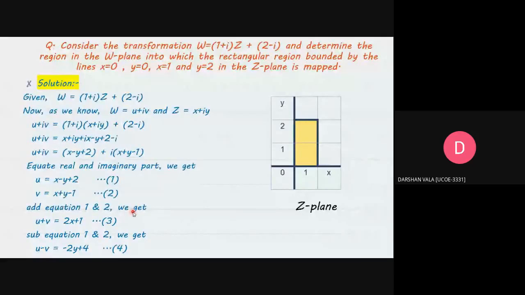Now we add equation number 1 and 2. Then we get U plus V equals 2x plus 1, call it equation number 3. Now we subtract equation number 2 from 1. Then we get U minus V equals minus 2y plus 3, call it equation number 4. Next slide please.